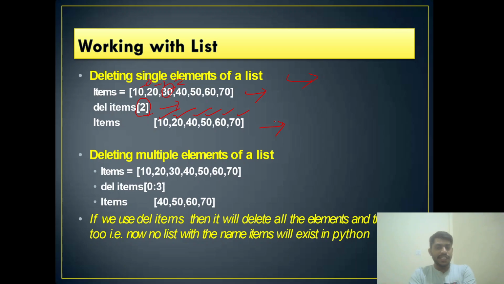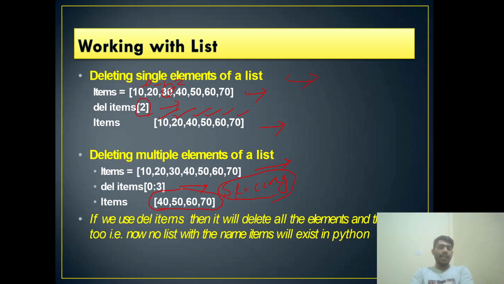Then deleting multiple elements of a list. How can you delete multiple elements? With the help of the process of slicing, you can delete multiple elements. You can see here, this is how you will delete multiple elements.